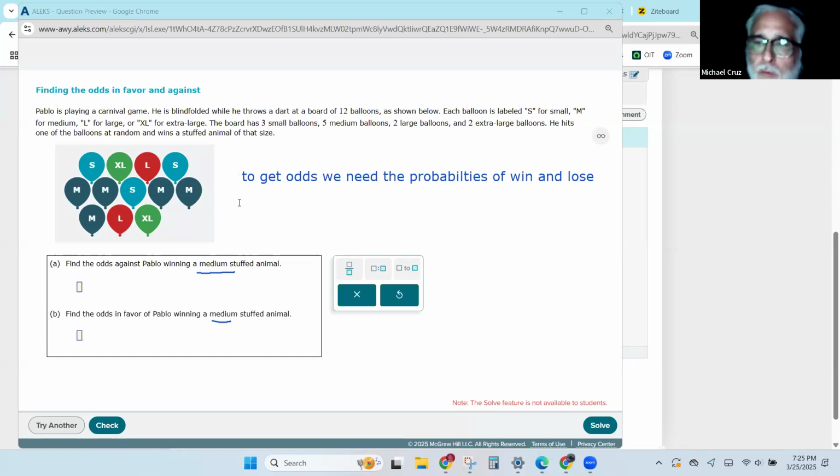So the probability of winning, and y'all should be able to tell me this. What would the probability of winning a medium animal be? I'm sorry, balloon. I don't know what you get, but you get a medium stuffed animal if you hit one of these 1, 2, 3, 4, 5. So what would the probability be for medium?